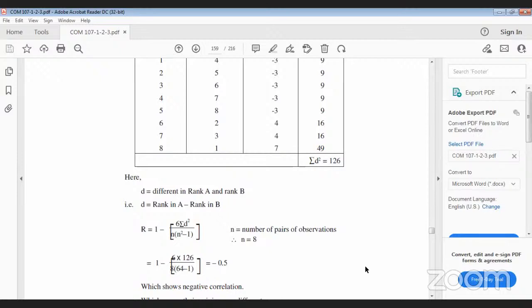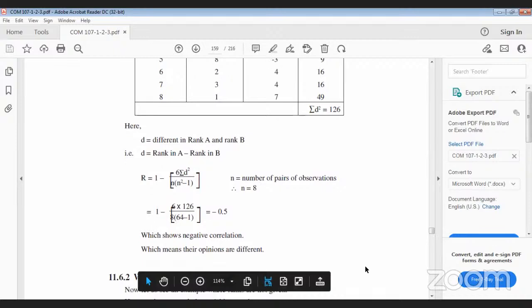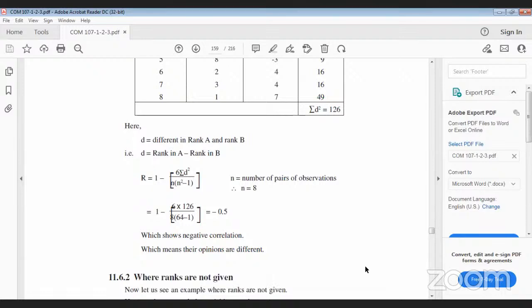So we have to put those figures in the formula. R is equal to 1 minus 6 into 126 upon n, that is 8 into bracket 64, that is the square of 8 into 8, 64, minus 1, that is 63.